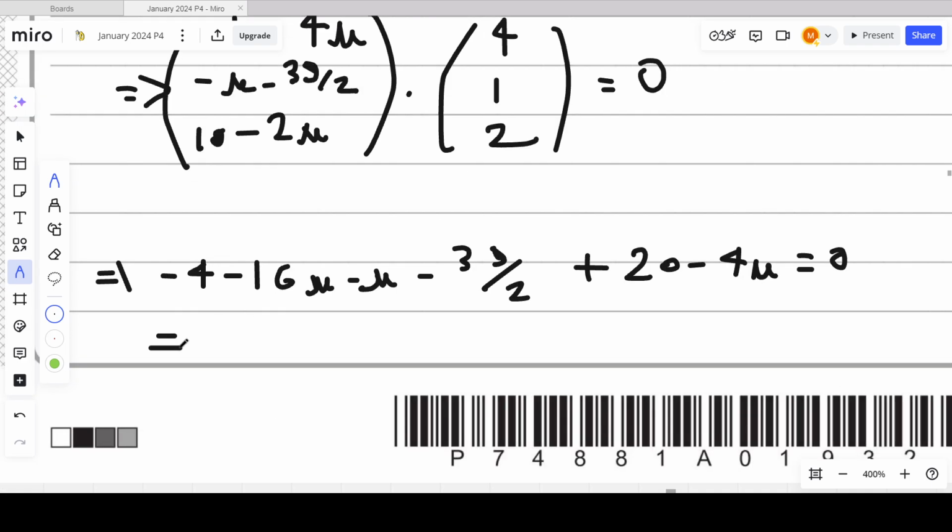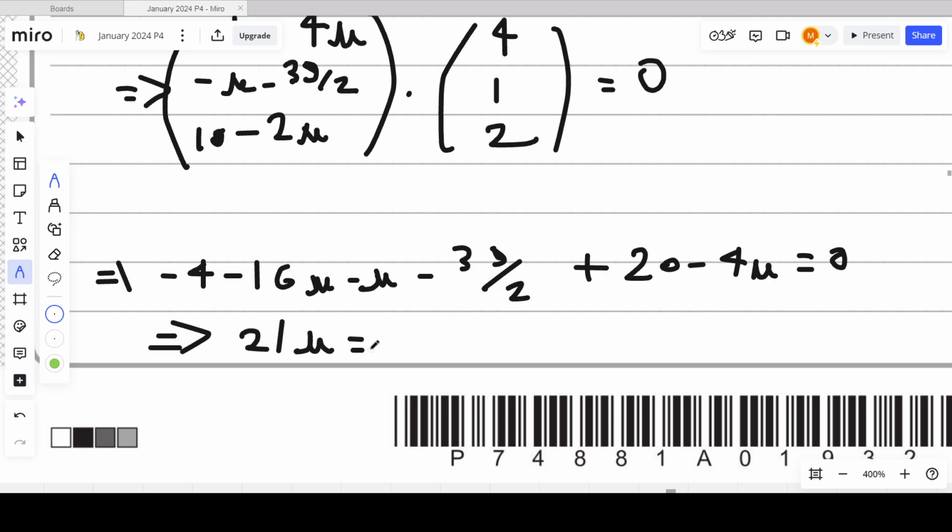Now take the terms with mu on the other side. What you will get, negative 16 mu, negative 17 mu, negative 4 mu, that is negative 21 mu. So take it to the right, so 21 mu would be equal to the constants, negative 4, negative 39/2 plus 20, right?